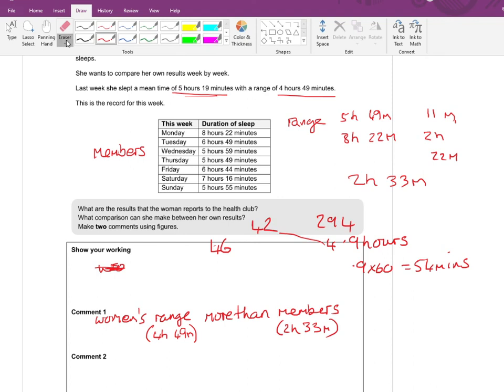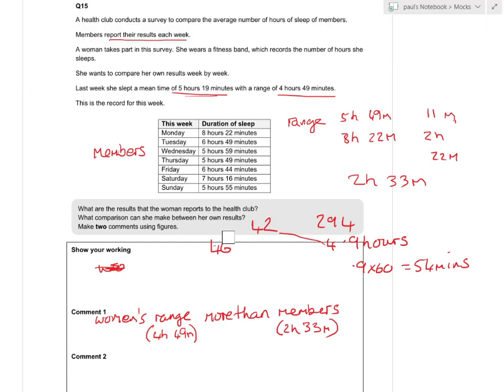Right, going a bit wrong here. So 42 hours. 294 divided by 60 gives us 4.9. So that is 4.9 hours.